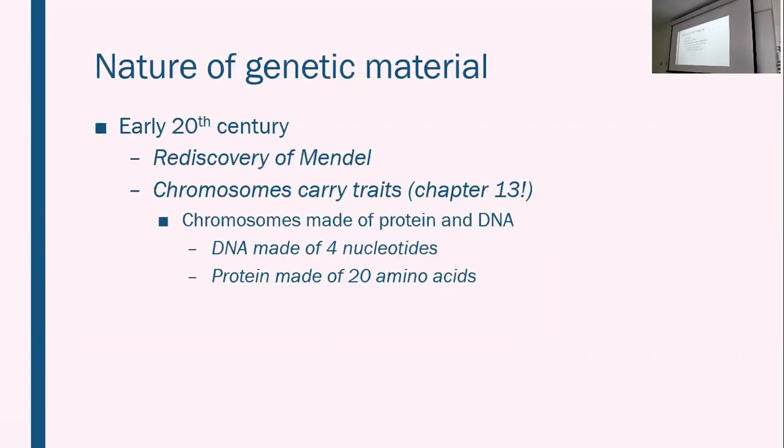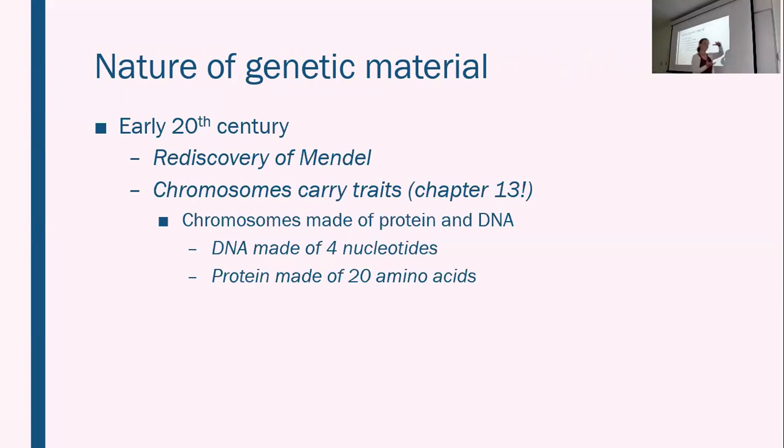So, right, we mentioned this, early 20th century, people found all of Mendel's stuff, right? And then we talked about in chapter 13, where we figured out that these traits that Mendel was observing are coded for, right? The information is on the chromosomes. But if you remember all the way back to like chapter 3, maybe, when we talked about DNA, right?